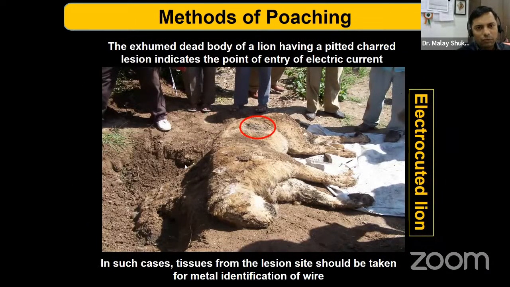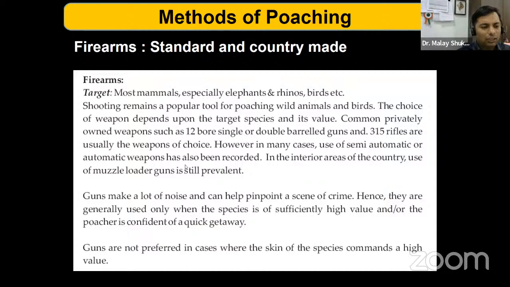Okay, electrocution is one of the methods of killing, and firearms. One of the problems here, just for your kind information, audience, is that here at National Forensic Sciences University, we have a state-of-the-art facility for examination of firearms. We have a ballistic testing center, and bulletproof armored materials are being tested here.